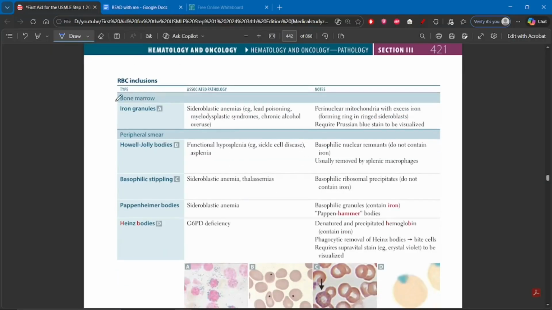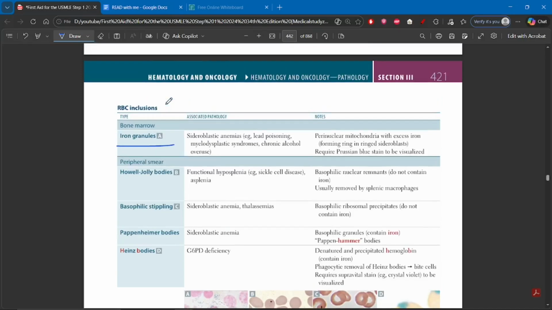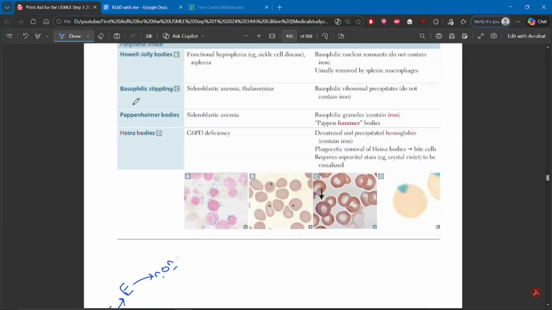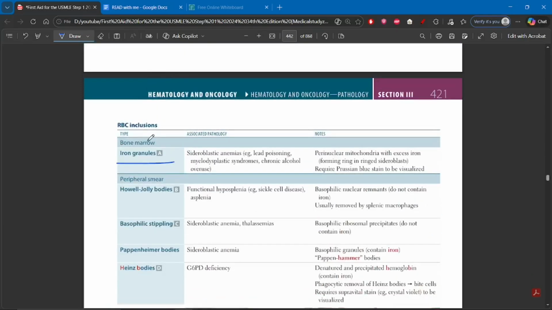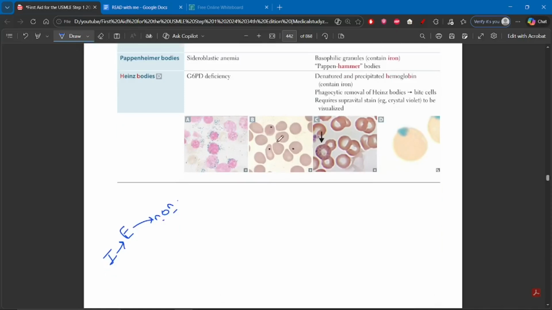So firstly, bone marrow. What is the only bone marrow RBC inclusion that you're going to see? Those are iron granules. But before starting this, I want to tell you something about inclusions as well. What basically are inclusions? Inclusions are basically depositions in the cell. If you can see the pictures over here, these are different depositions that are inside the cell. Let's look at this one.